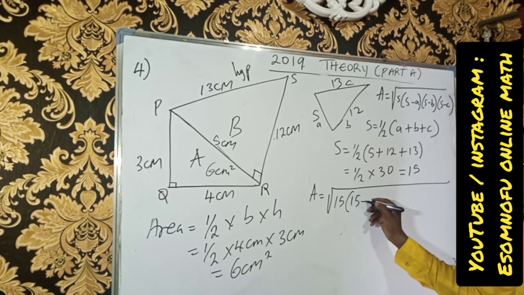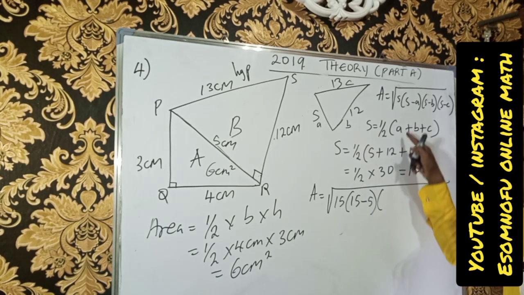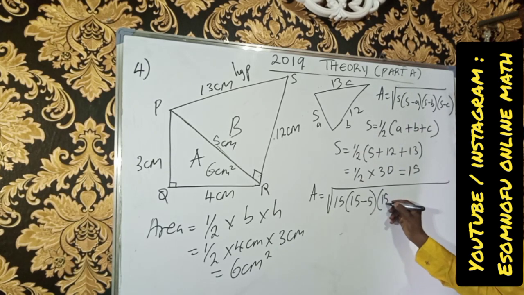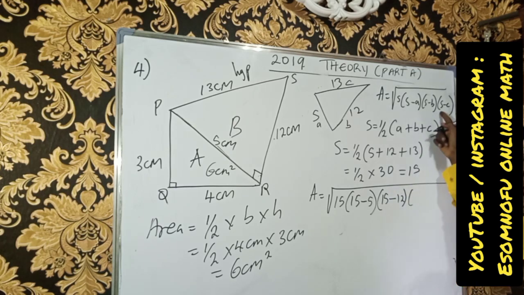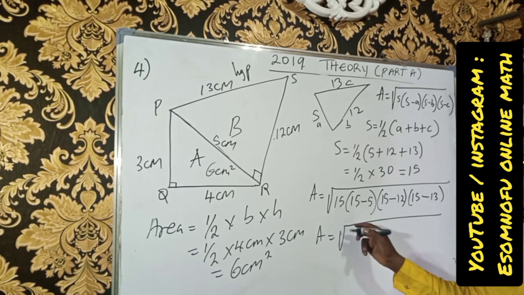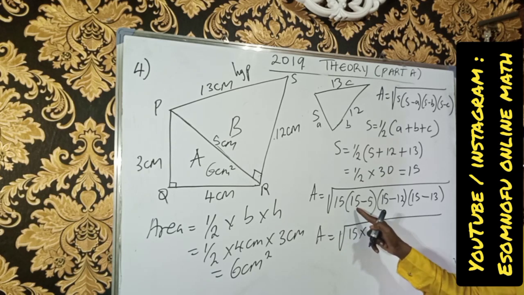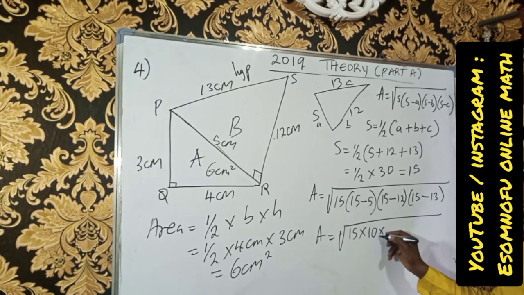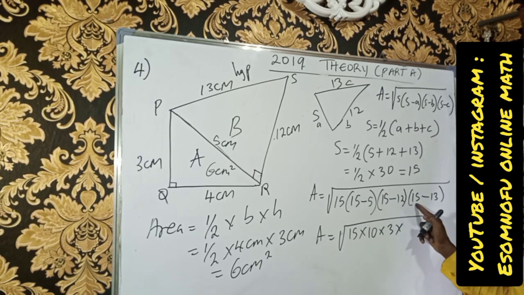I will write 15 minus my A is 5, bracket. S again, I will write 15 minus my B is 12. S again, I will write 15 minus my C is 13. So the area will be square root of 15 times 15 minus 5 is 10 times 15 minus 12 is 3 times 15 minus 13 is 2.